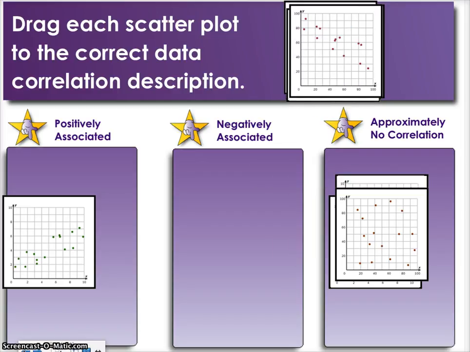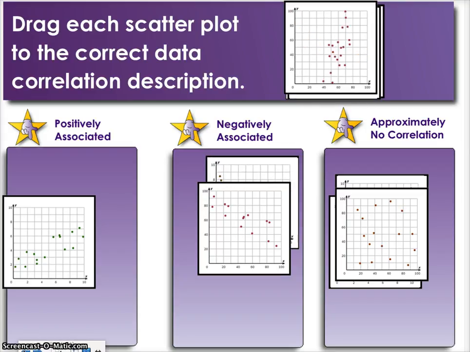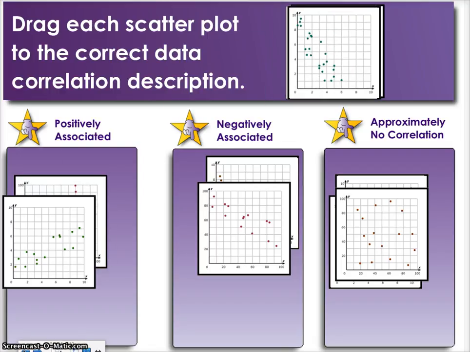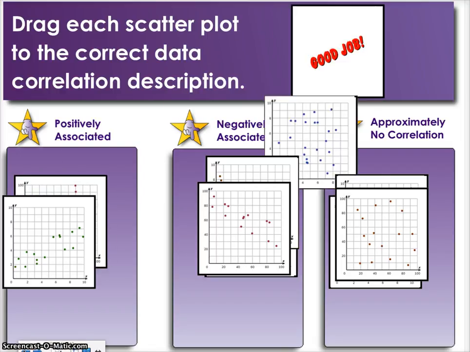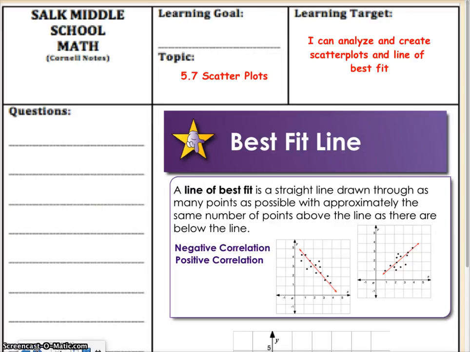This one? Negative. Can you see? That's a difficult one. Can you see that it is kind of like that negative line? That one? Positive. That's more like exponential growth almost, but yep. Negative. None. You're good. Good job. Okay. So move to your line of best fit page.